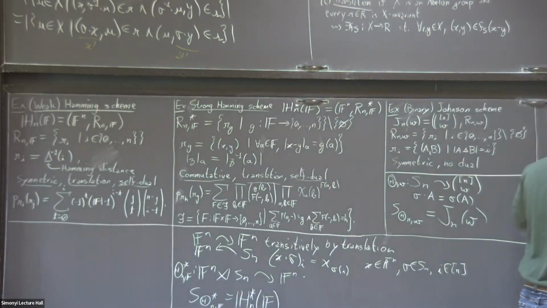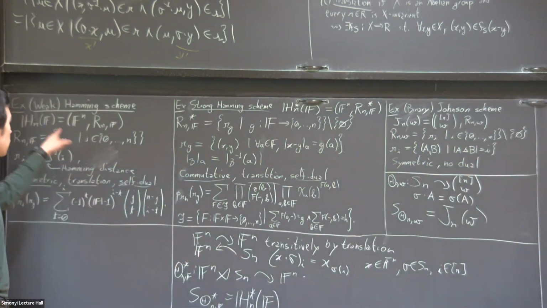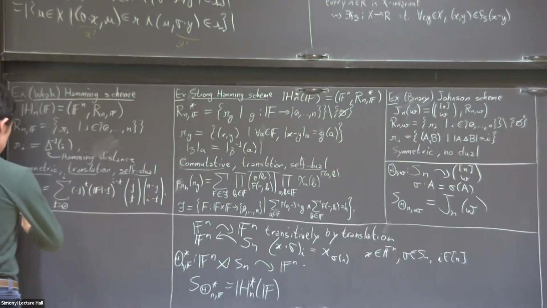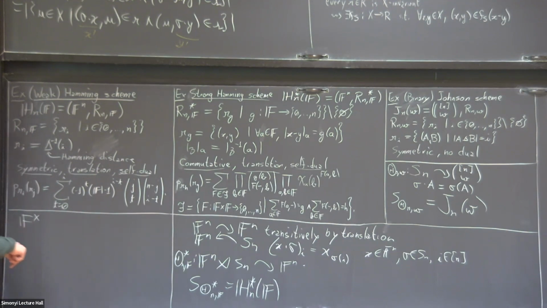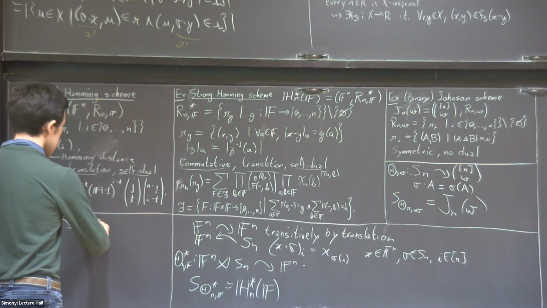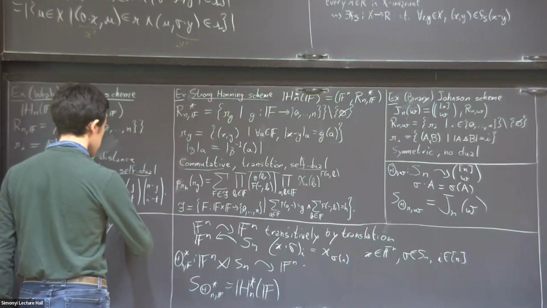Okay, and finally, how do you go from this to the weak Hamming scheme? Well, for the weak Hamming scheme, you have yet another action going on. You can take the multiplicative group of the field, take n copies of it, and this acts on Fn by pointwise multiplication.